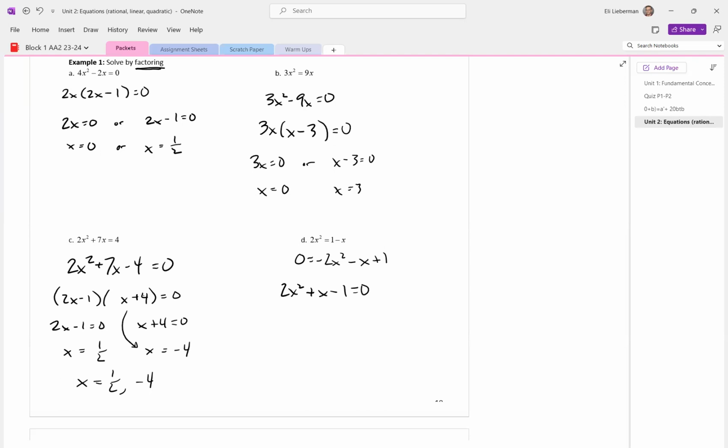Yeah, there's a trick where the numbers are going to multiply to not 2x squared, but 2 times -1, -2, then add to 1. Have I told you about this one? We take the product of the first and last, in that middle term. So of course, the two numbers are 2 and -1.